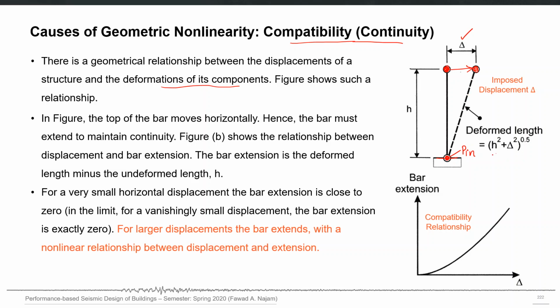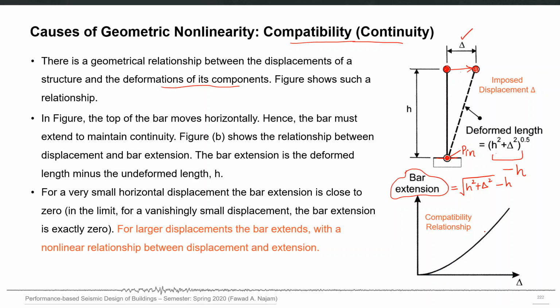If we subtract from this quantity h, which is the original undeformed length, we will get the extension of the bar. So the bar extension is equal to the square root of h square plus delta square, minus h. If we put this quantity on the y-axis and capital delta on the x-axis, this relationship will not be linear.